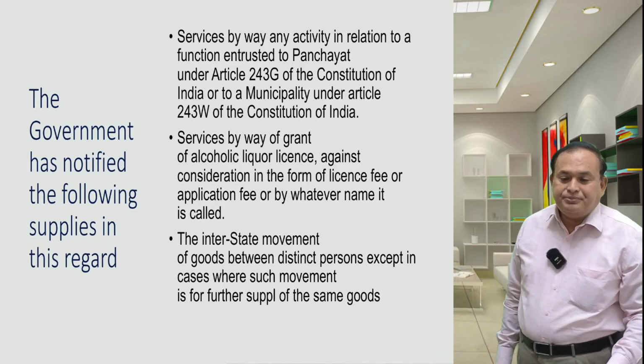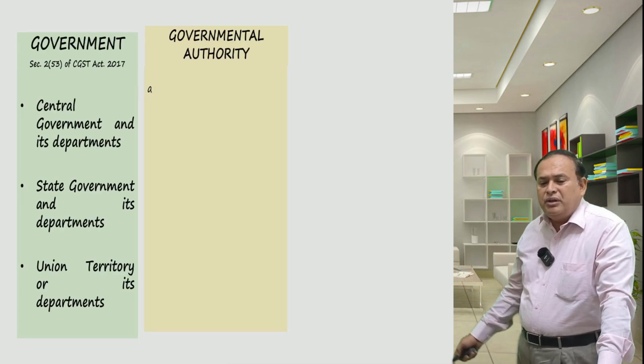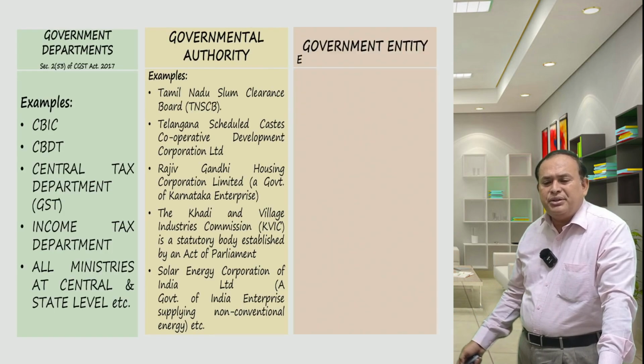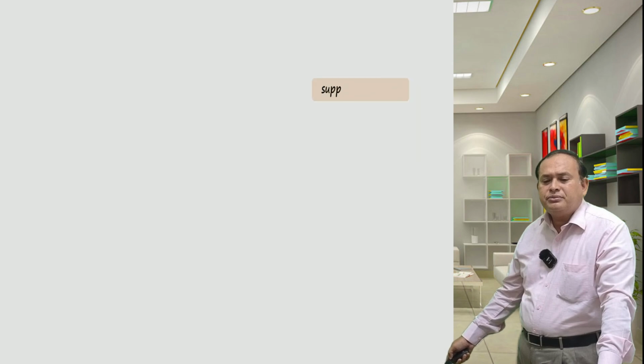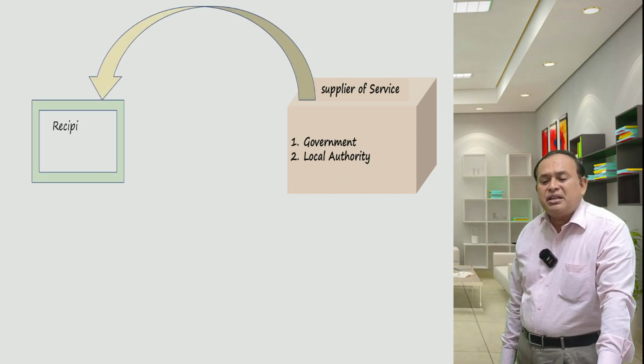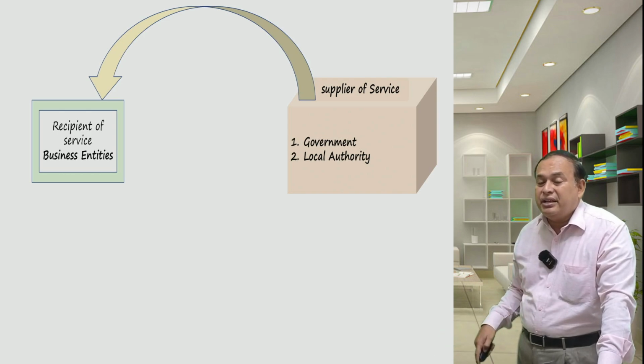Further, my dear friends, referring to the government sector, we already understand these points. Supplier of service is the government or local authority, providing services to a recipient which is a business entity.